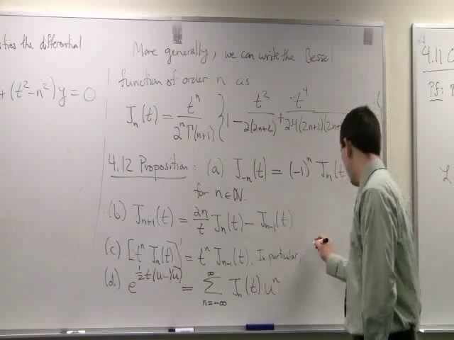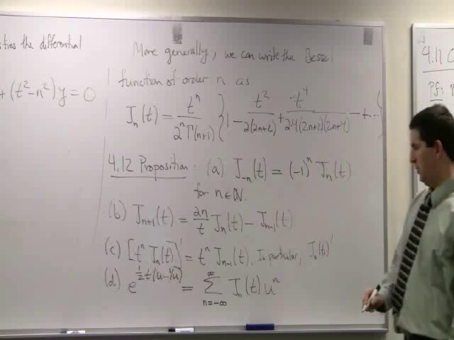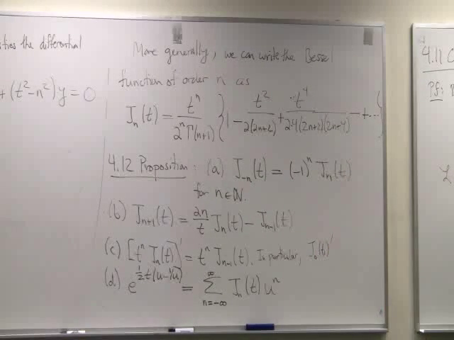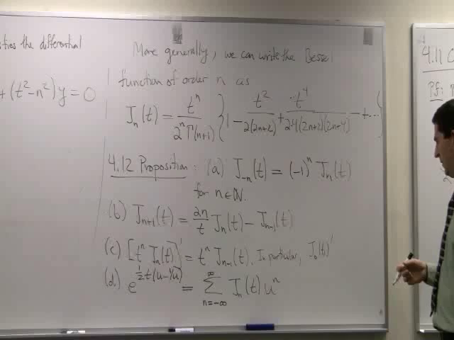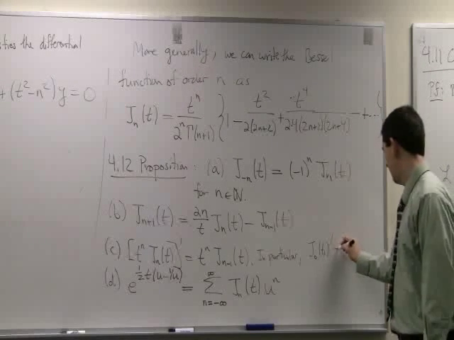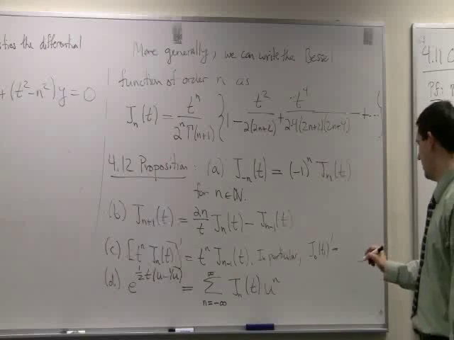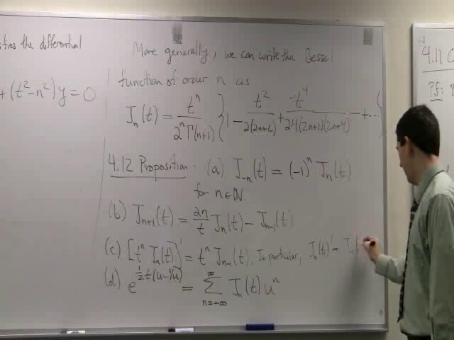So when n equals 0, you actually get a formula for the derivative of J0. And it just ends up equaling, what is that? J minus 1 of t.